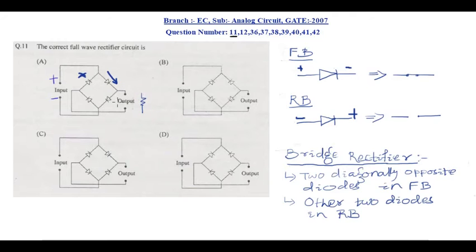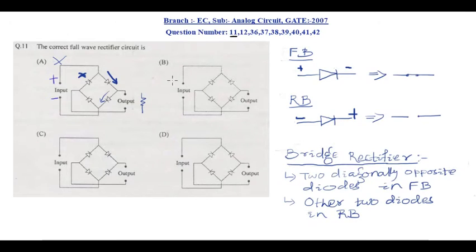This diode will provide a low conductance path compared to the output load, so the current will flow through this diode. As a result, there will be no current through the output. Hence, it cannot be a bridge rectifier. So this option is not correct.